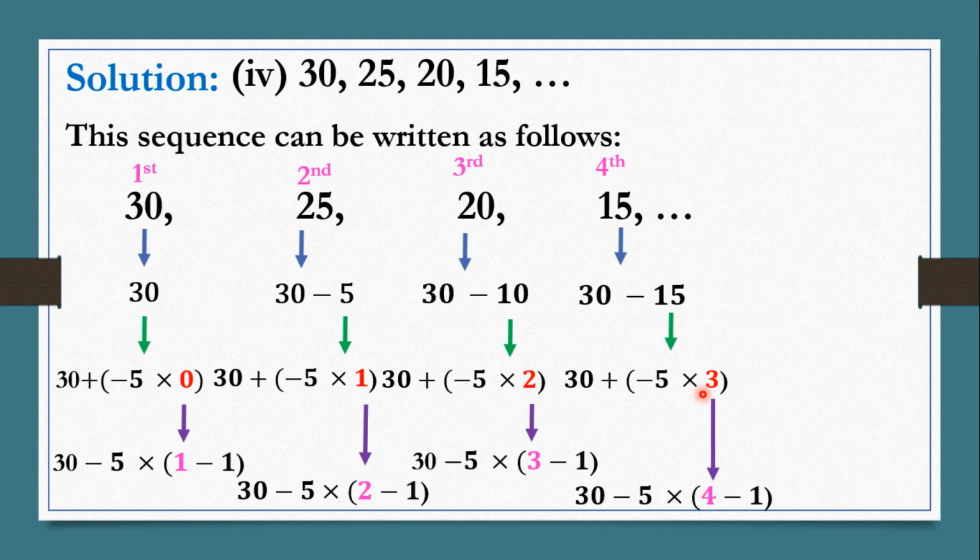Why have I done it? Because I want to write the first term in terms of 1 minus 1. So that we can see once again the colors. The first term I have 1. Second term I have 2. Third term I have 3. Fourth term I have 4.